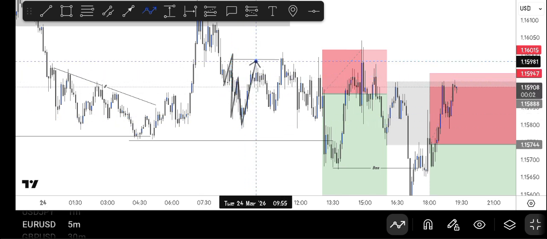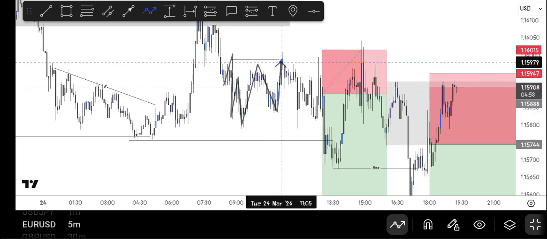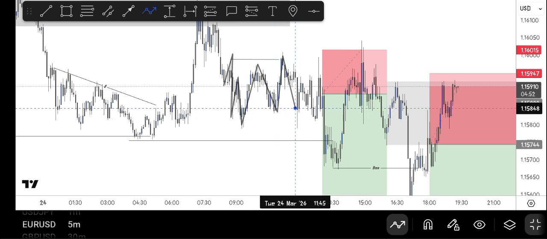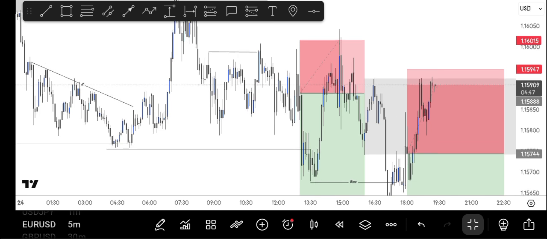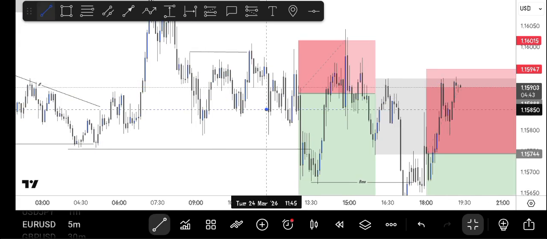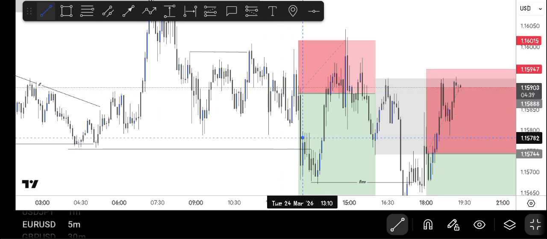Price took liquidity from this zone, went up again, took liquidity from this zone and came down, breaking past this low. This was where I identified a liquidity sweep. So I waited for price to mitigate this flip zone right here before I entered.